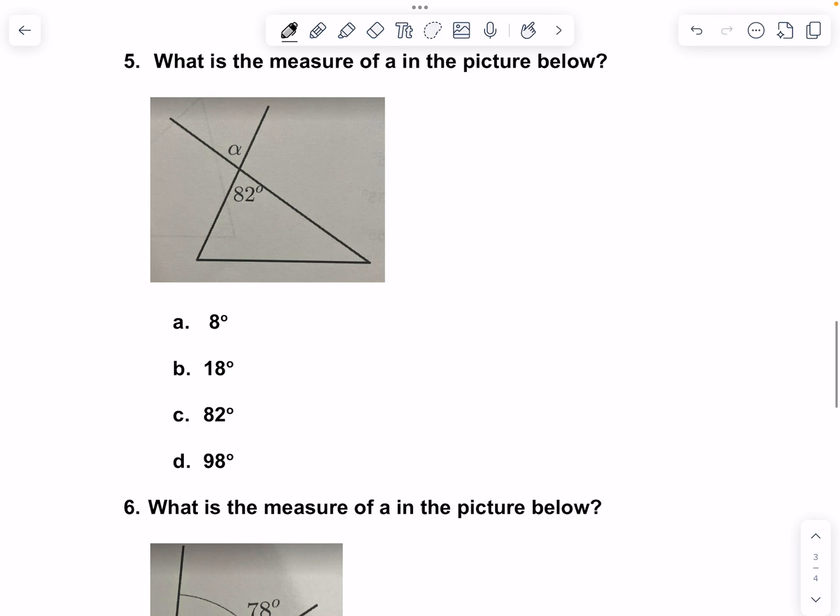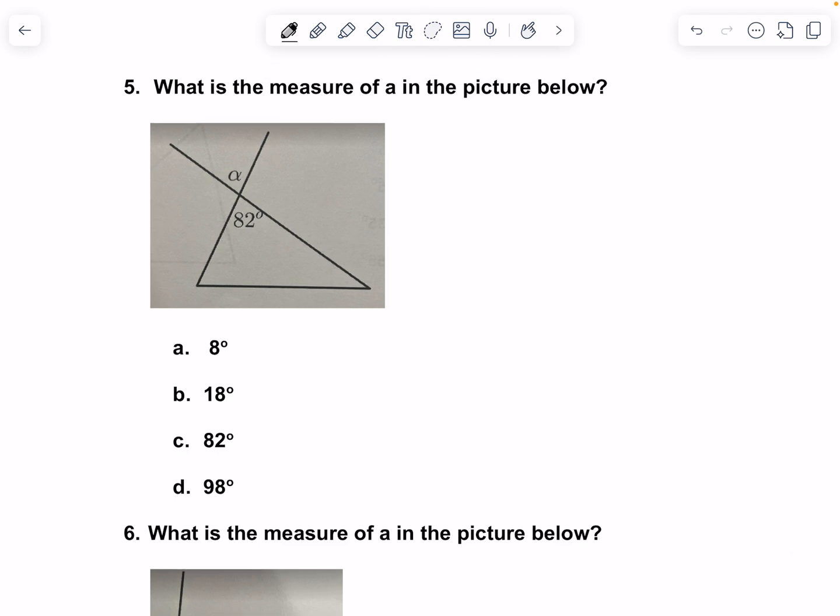Number 5 says, what is the measure of A in the picture below? For this one, basically, the angles add up to 100, these two angles right here.